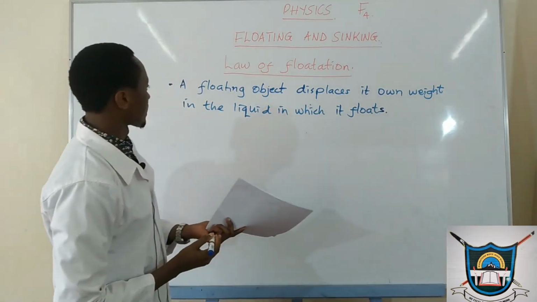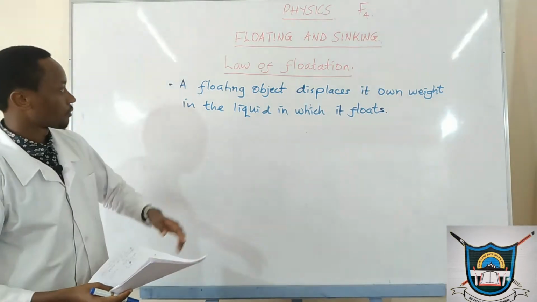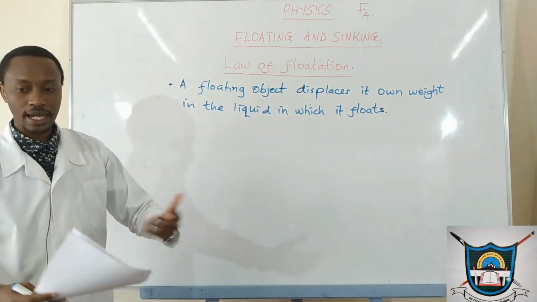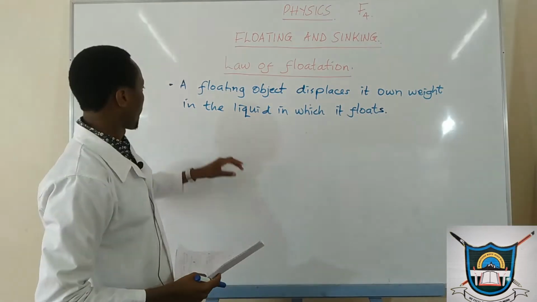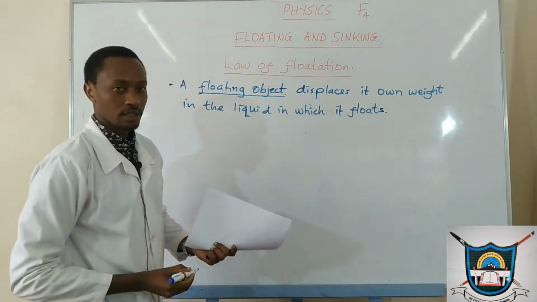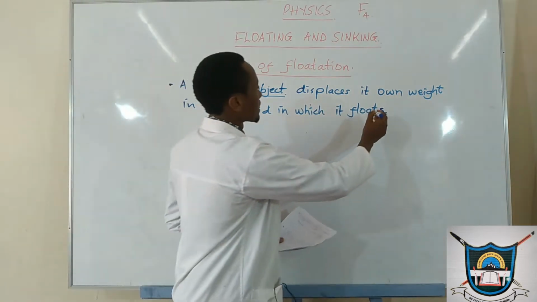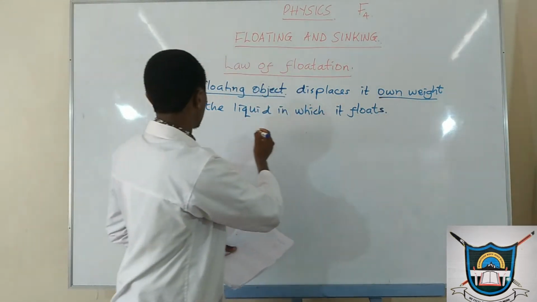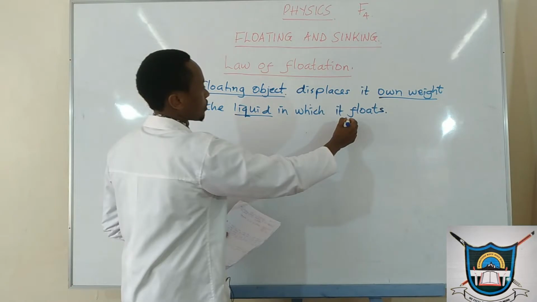So we have this statement, and this is our law of flotation, which is a special type of Archimedes principle. A floating object displaces, so the object must be floating. It is displacing its own weight in the liquid in which it floats.